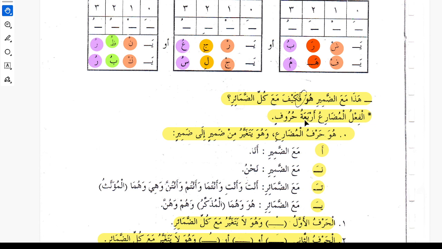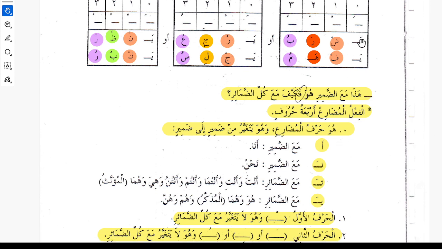Fe'l mudari has 4 letters. In the case of past tense it was 3 letters, but in the case of mudari it has 4 letters. Like I said, one additional letter here. And this additional letter is harfu mudari, the letter for the present tense. Wahuwa yataghayyaru min damirin ila damirin, and it changes from pronoun to pronoun.